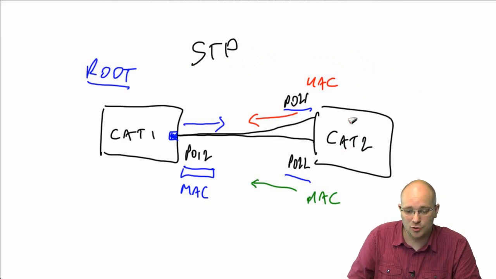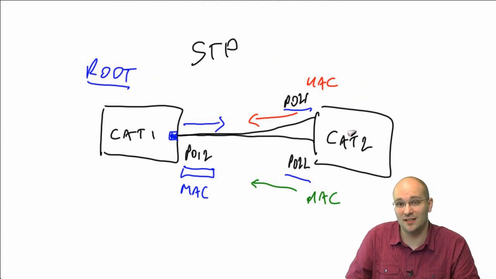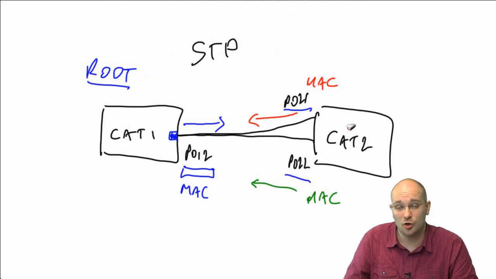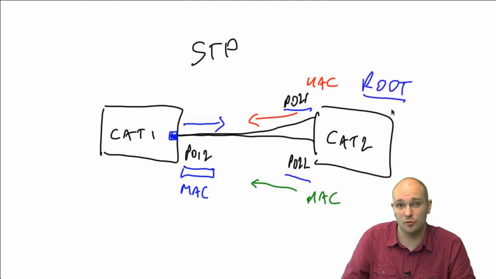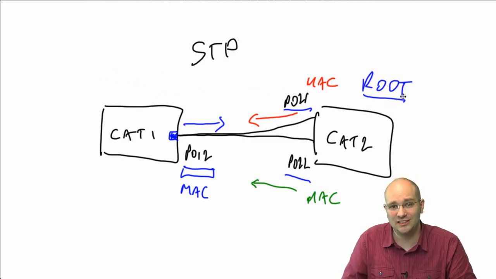That means that cat2 here will not necessarily detect a problem, and we are going to have a loop in our network. And even if cat2 was the root and sending BPDU frames, this is going to take about 60 to 90 seconds to be detected by cat1.